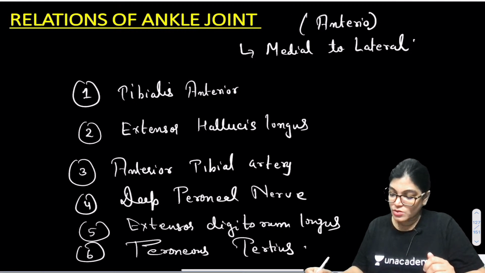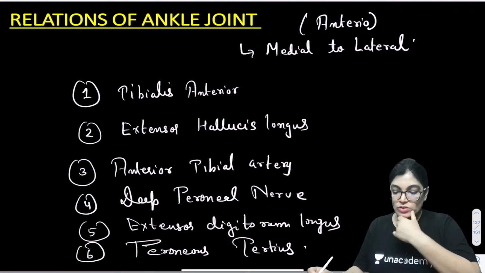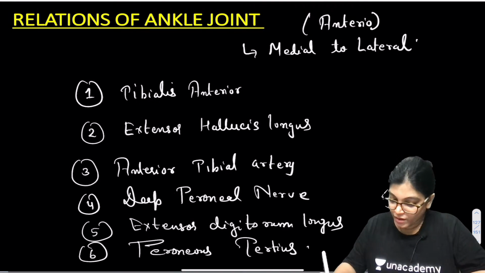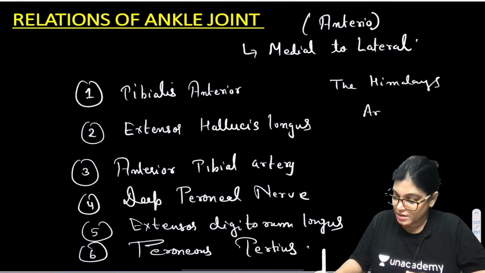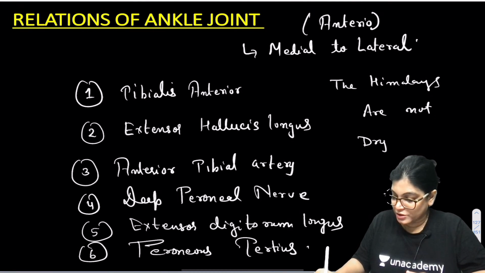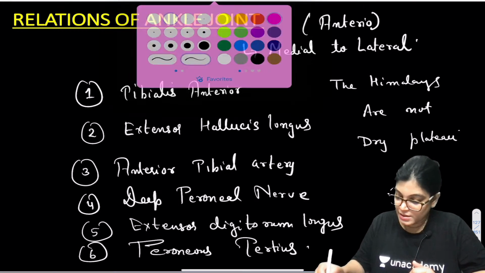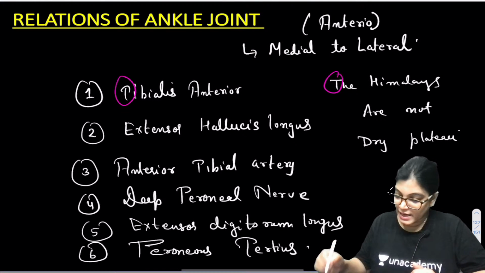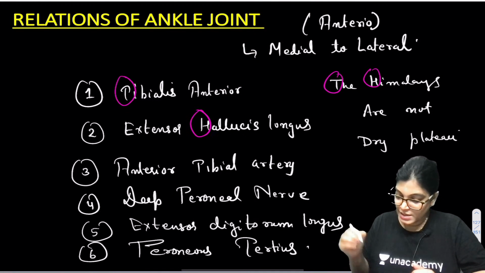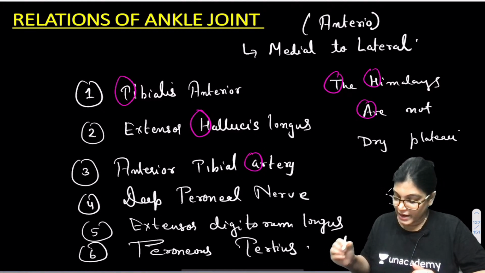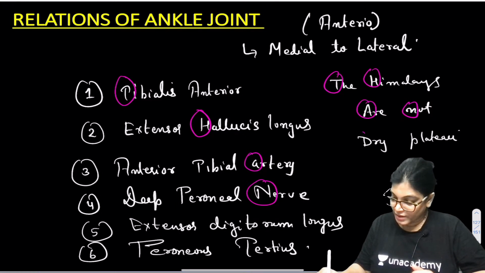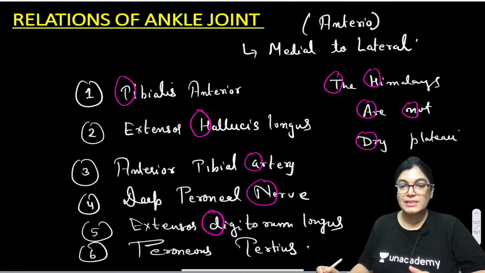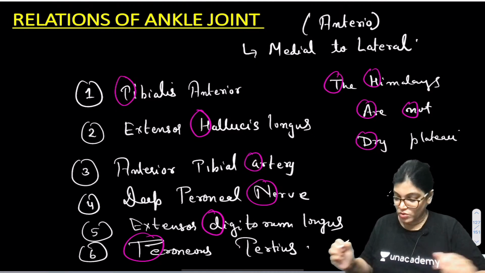There is also a mnemonic from which you can understand. The mnemonic is: The Himalayas are not dry plateau. T stands for tibialis anterior, H stands for extensor hallucis longus, A stands for the artery, anterior tibial artery, N stands for the nerve, that is deep peroneal nerve, D stands for extensor digitorum longus, and P for peroneus tertius.